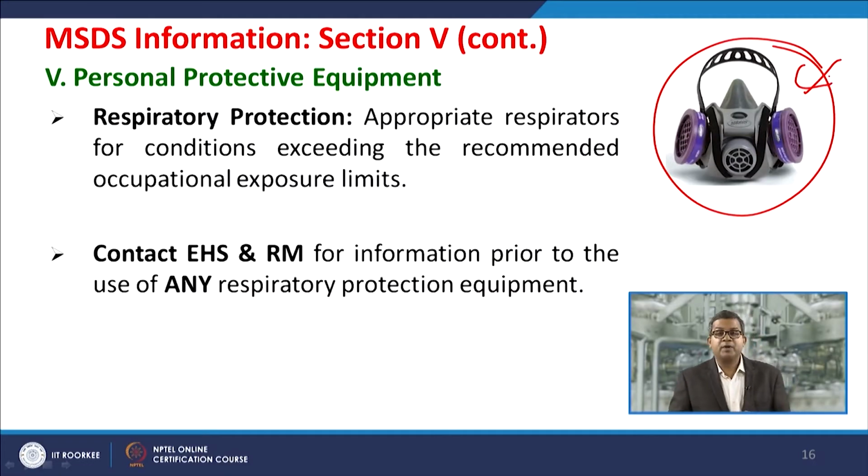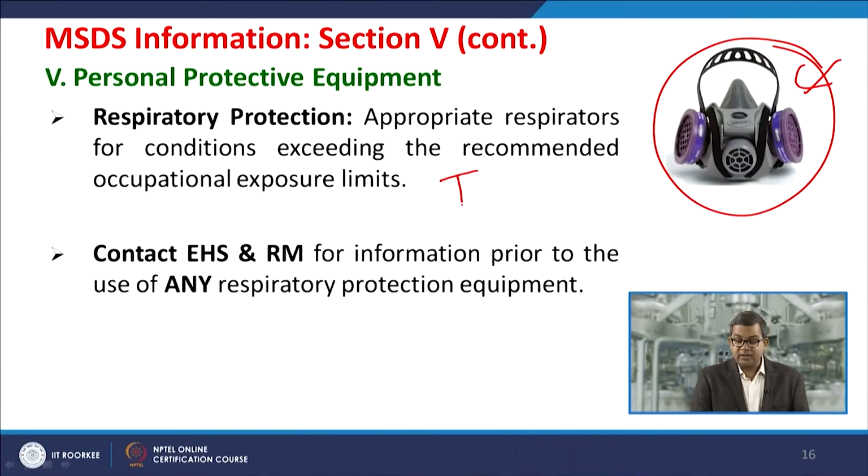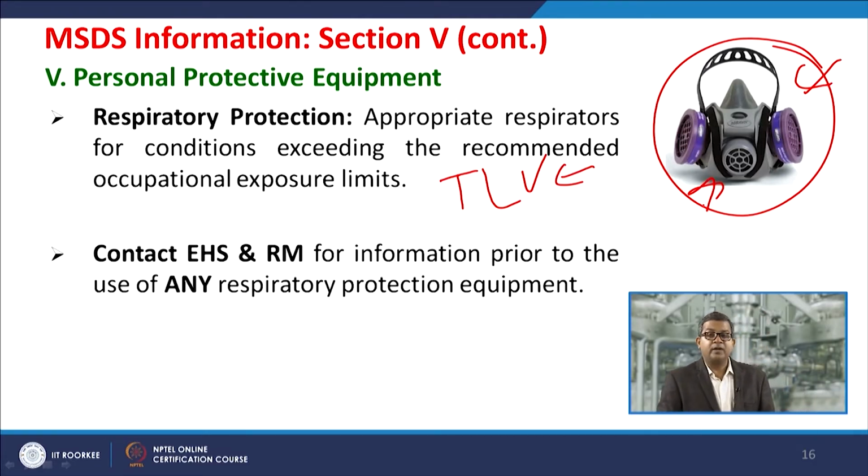To overcome such a thing, use respiratory protection. These are the appropriate respirators for conditions exceeding the recommended occupational exposure limits. So if it is increased, if the workers are exposed to a higher TLV, then it is always recommended to use this personal protective equipment.